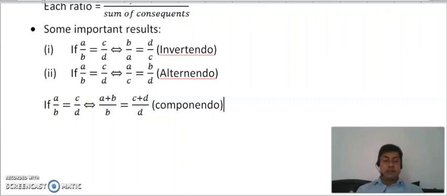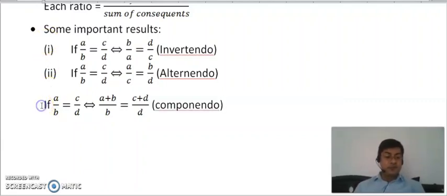Here we are adding both the first and the second terms in the numerator while we keep the denominators unchanged. Now number 4. This was number 3.